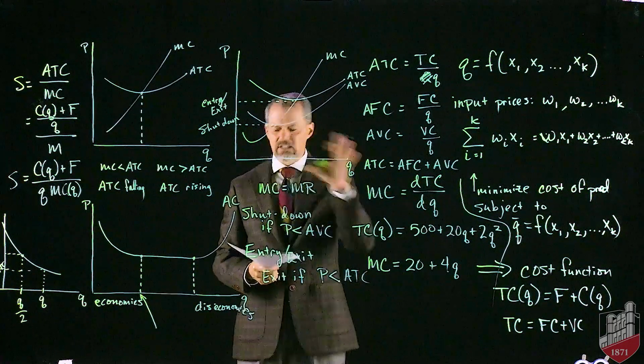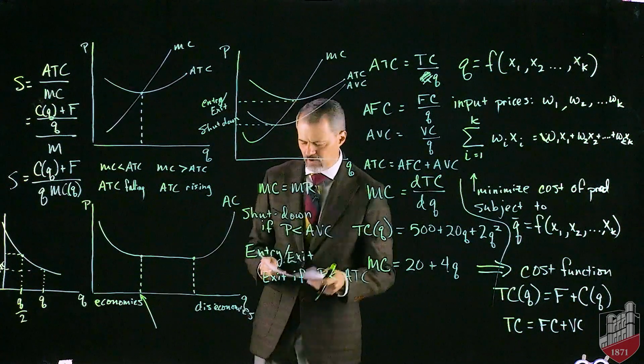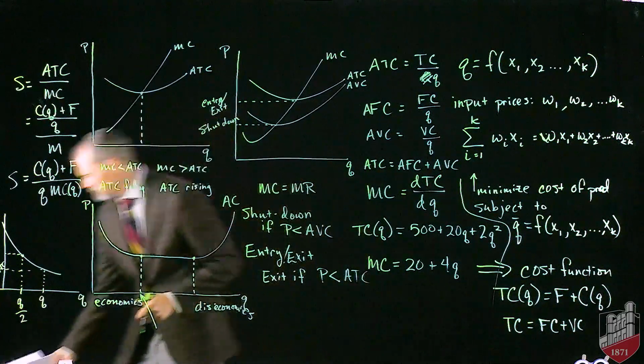What I need to do is clear this off, and then we're going to talk about the impact that sunk cost has on industry structure. Let's think for a second about the impact that sunk cost can have on industry structure. So remember that entry only takes place if profit is positive.